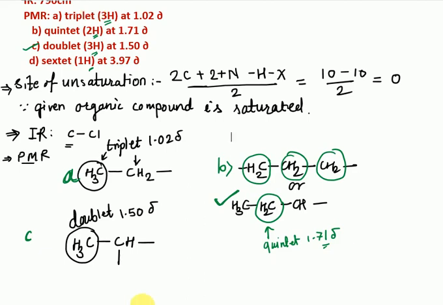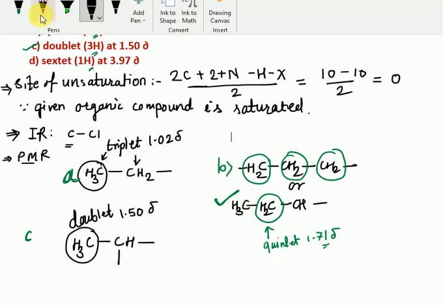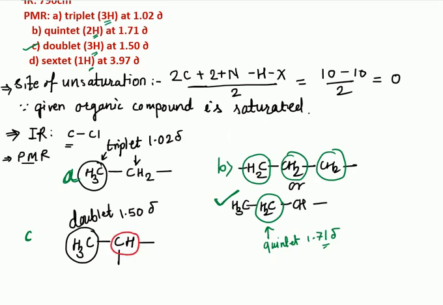So this hydrogen gives a sextet, quite de-shielded, at 3.97. It means the presence of this framework: CH3CH, and this CH is attached to CH2, and this CH2 to the CH3. So this completes the framework.